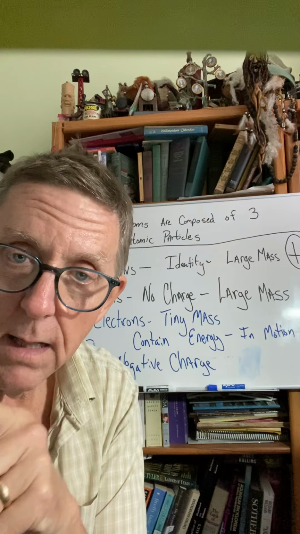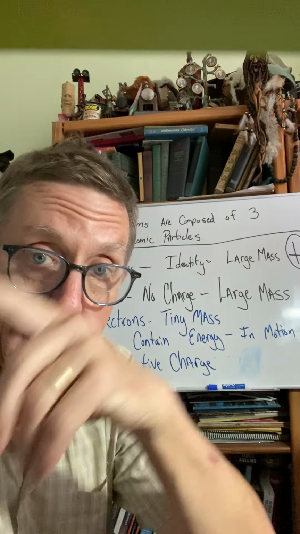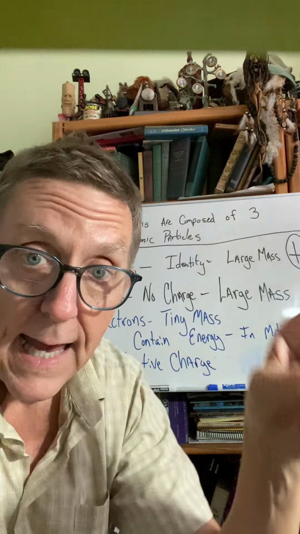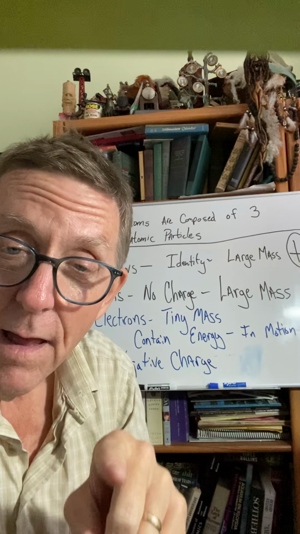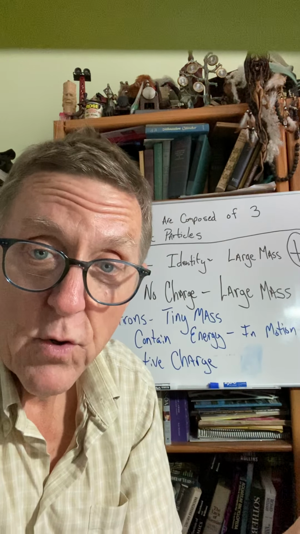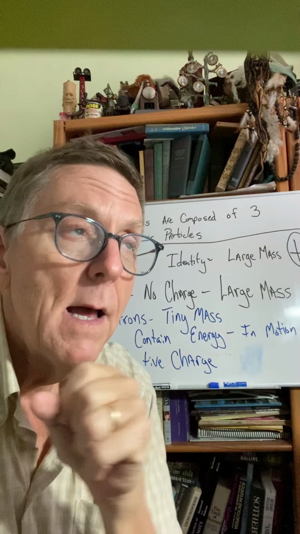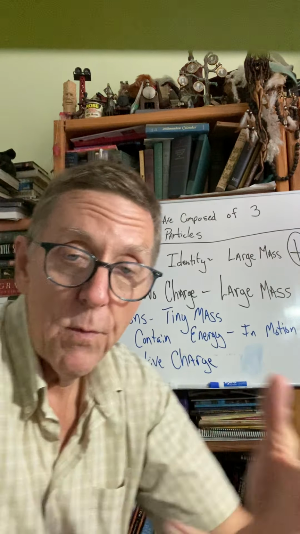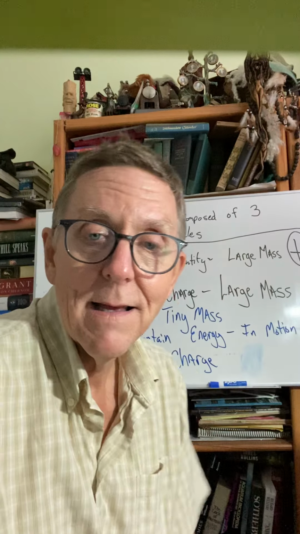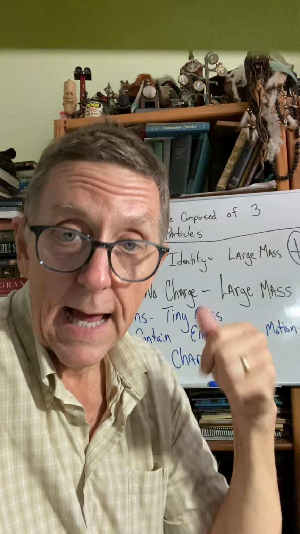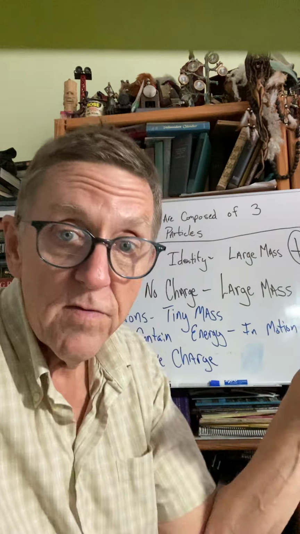Now the funny thing about electrons is they carry energy, and they're in motion in what we call orbits, and they can have different amounts of energy. If you think about a little child, I always say, standing up here in front of a class, if a mother with a 2-year-old were to come up there and the child sees all those faces in front of them, they might be very intimidated.